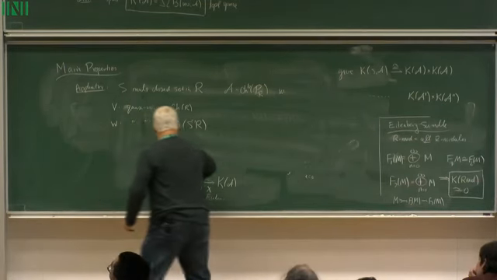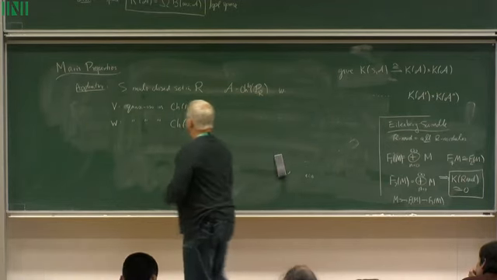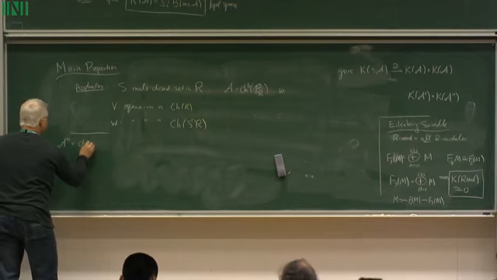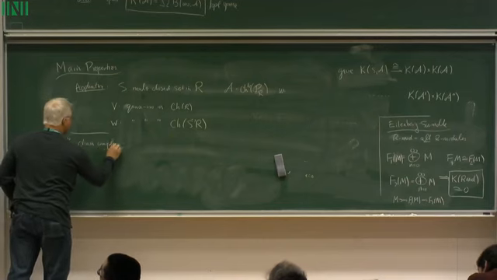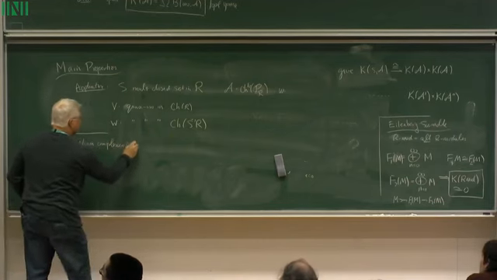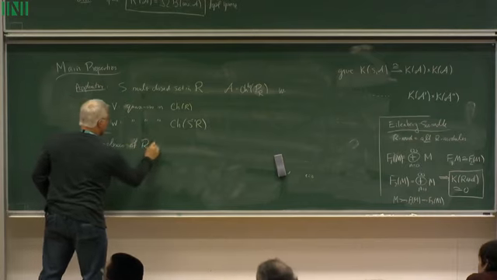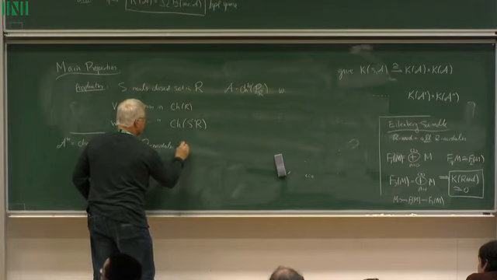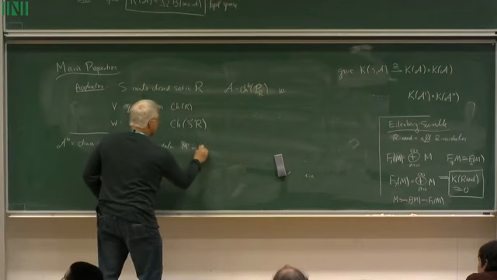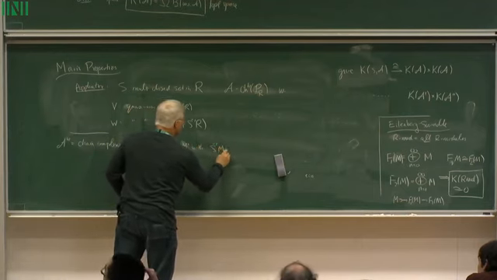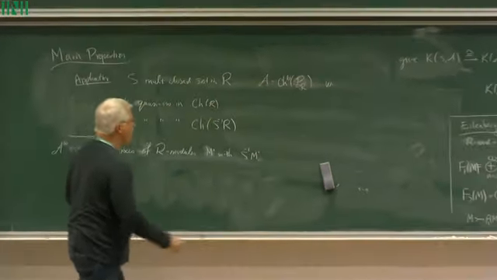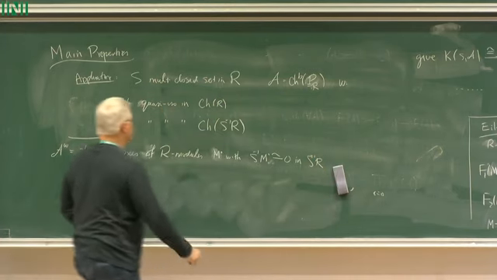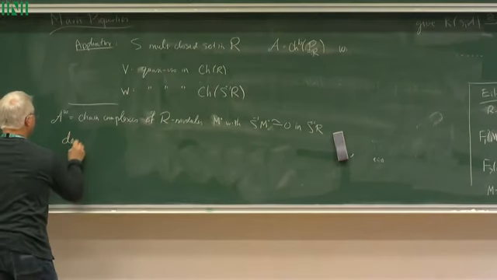So what is A of W? That's chain complexes of R modules, let's say M dot, such that if I take the localization, this is quasi-isomorphic to 0 in chain complexes of S inverse of R. So we make a definition.